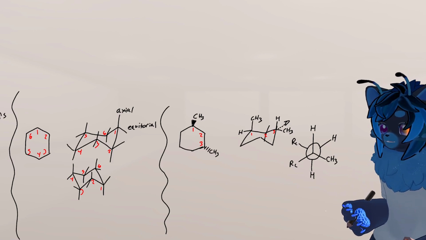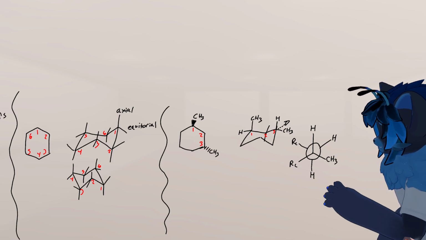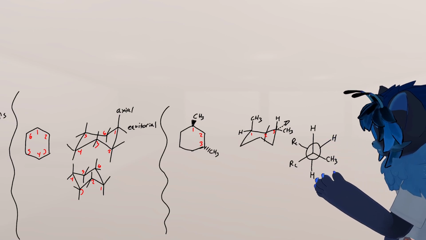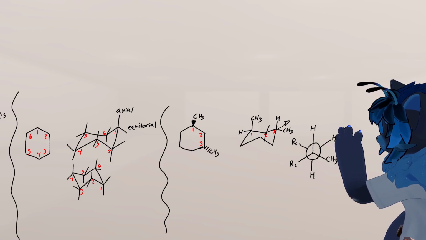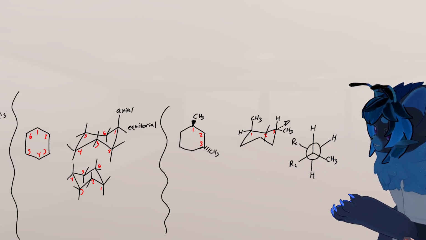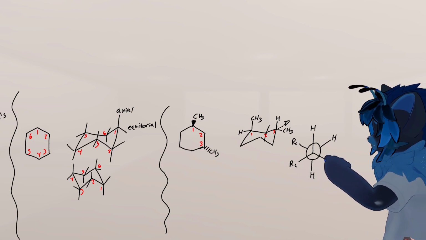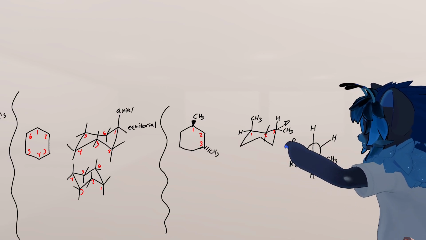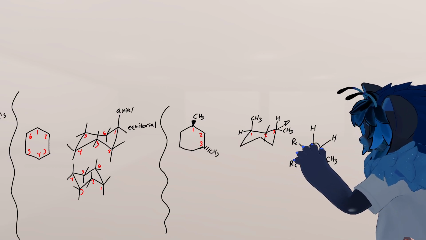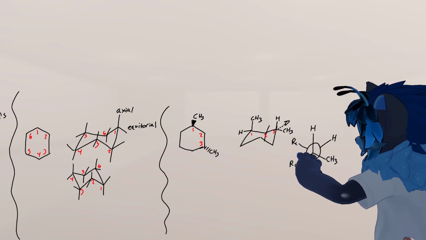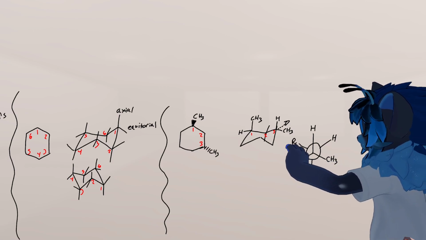Because a gauche interaction means that it would have to be 60 degrees, so either in this position or this position, there are only hydrogens here, so we don't count those interactions. The only interaction we really care about is that this methyl group is a complete 180 degrees to this other ring carbon, meaning that it's anti. So this has no interaction with the ring because it's anti.